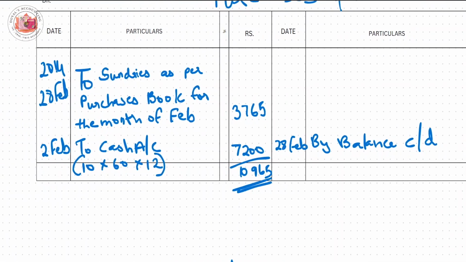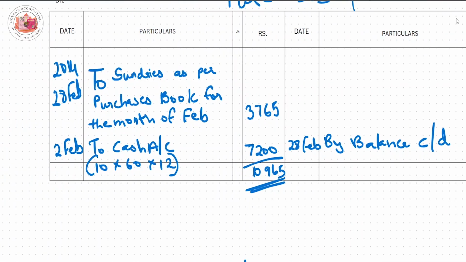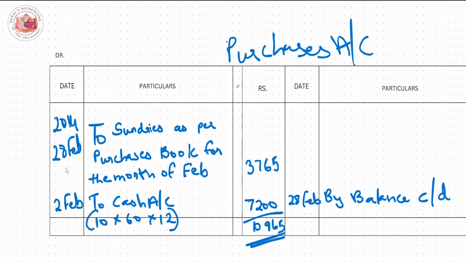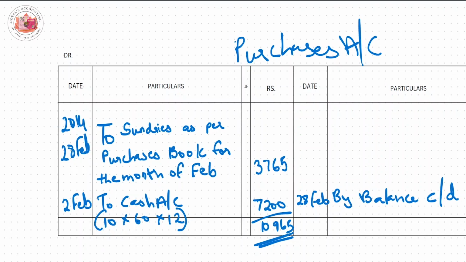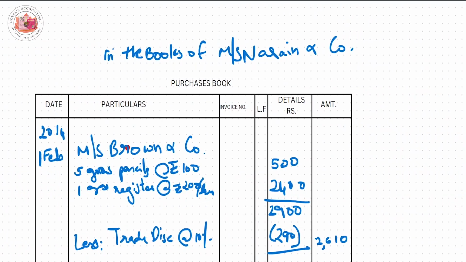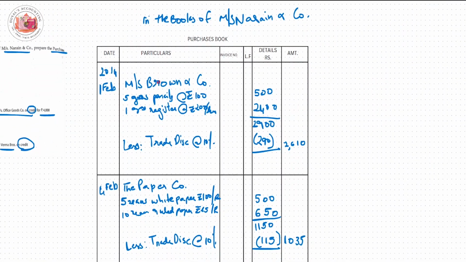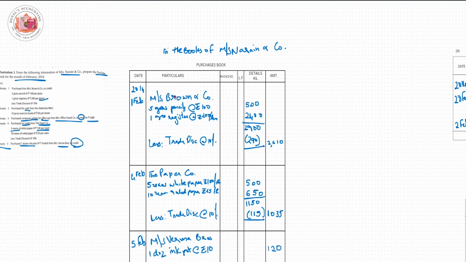So this was the important part in the purchases account. To record the credit purchases mentioned in the purchases book, we will write it as to sundries as per purchases book for the month of February. So this was the pro forma of how you create a purchases book and make the subsequent supporting ledgers.